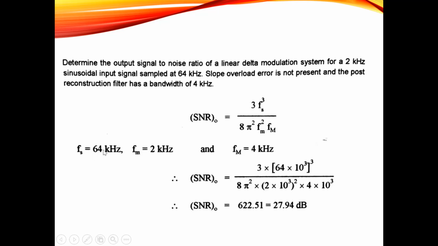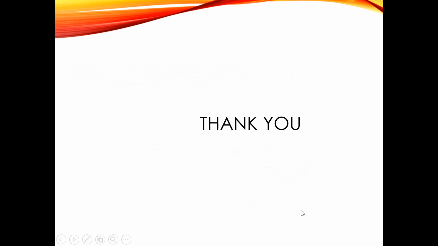So fs is 64 kHz as given, fm is 2 kHz. Then capital FM we can find, 4 kilohertz, that is the bandwidth of the reconstruction filter. We need to always remember that this is the modulating frequency and this is the reconstruction filter bandwidth, FM. So we need to remember these two separately. Putting all the values in, we get an SNR of 27.94 decibels.